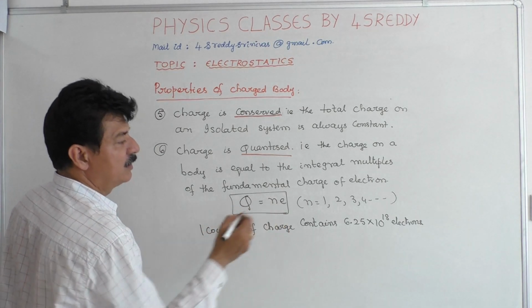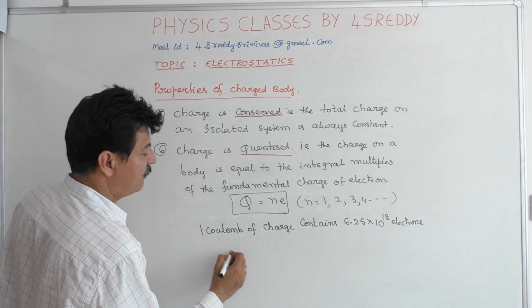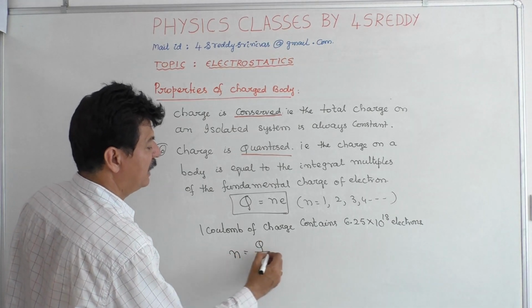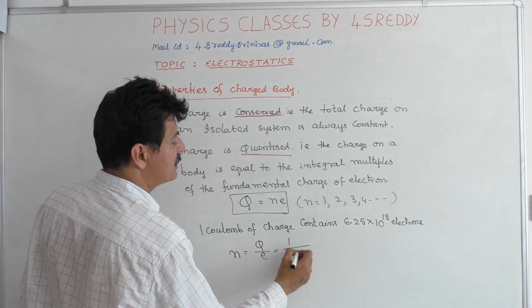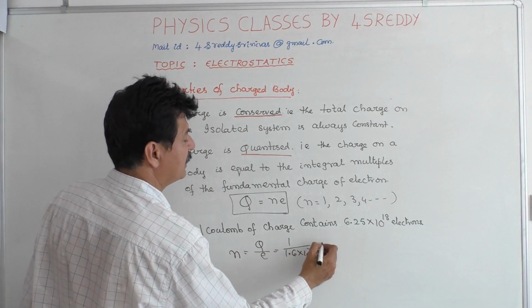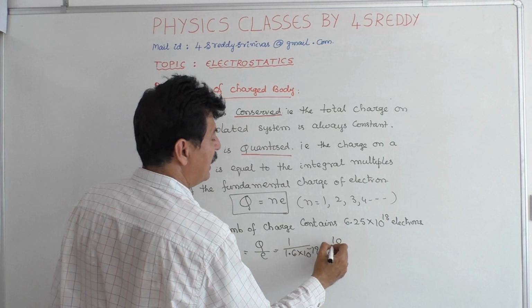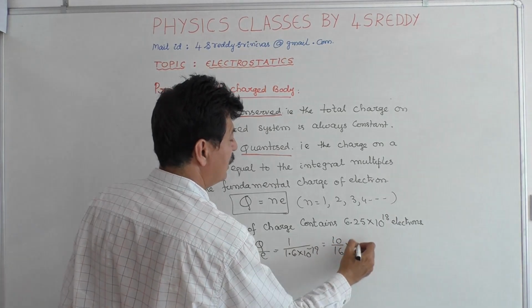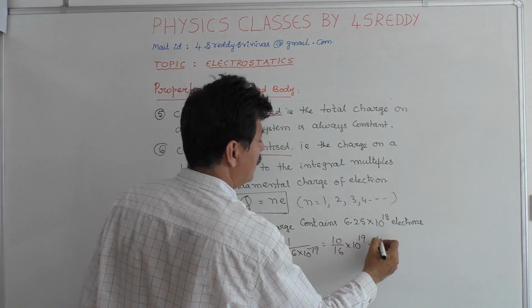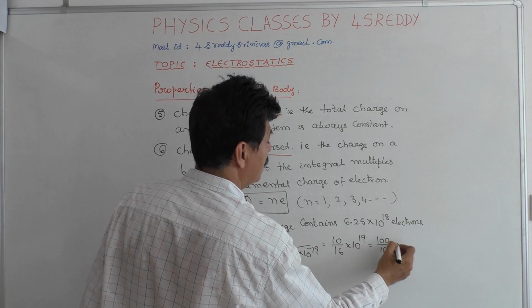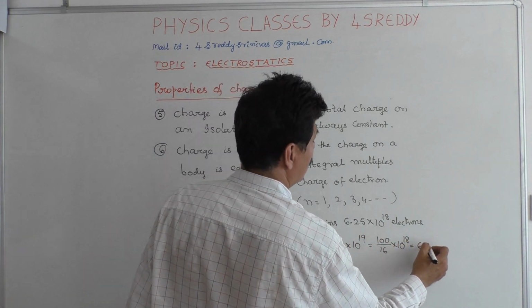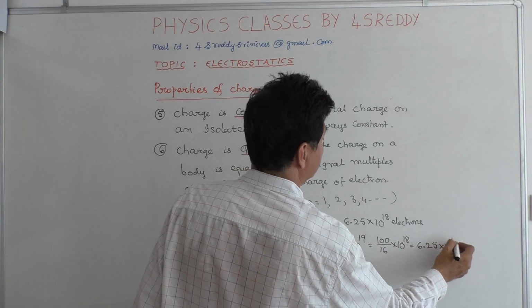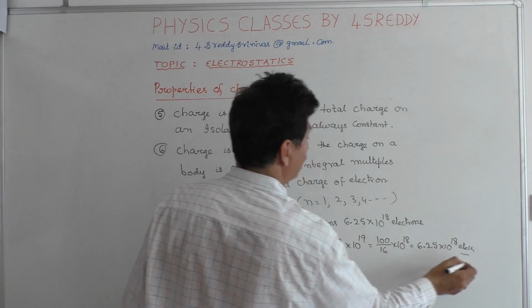If you want to calculate the number of electrons, it is Q by e. Q is 1 Coulomb divided by 1.6 × 10^-19. That is 10 by 16 × 10^19, or otherwise 100 by 16 × 10^18, which equals 6.25 × 10^18. This is how we got it.